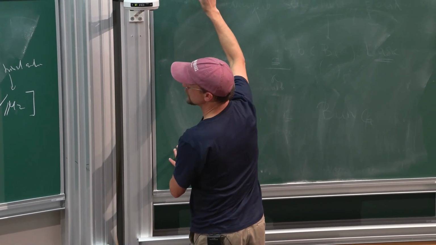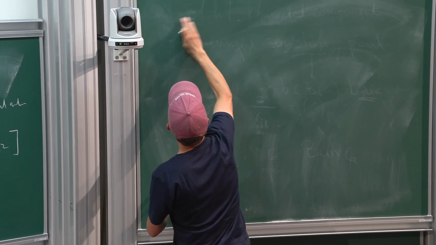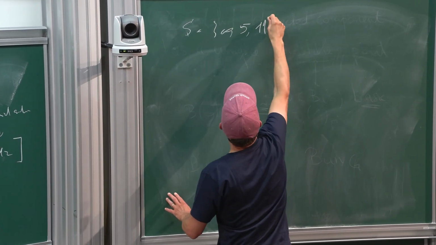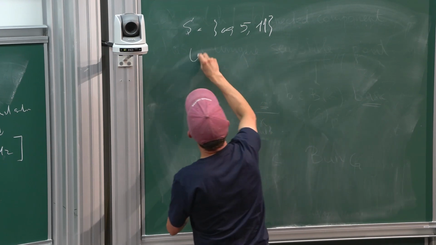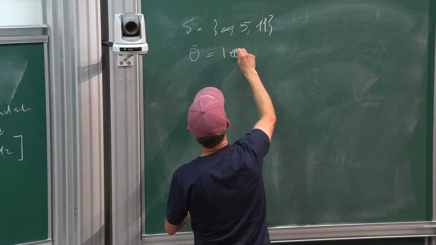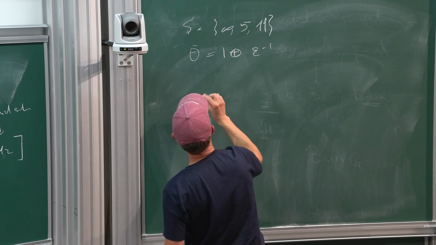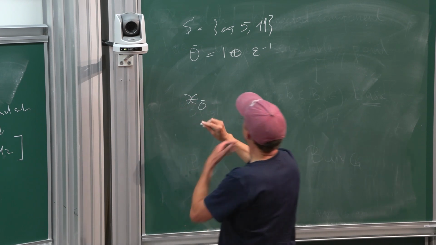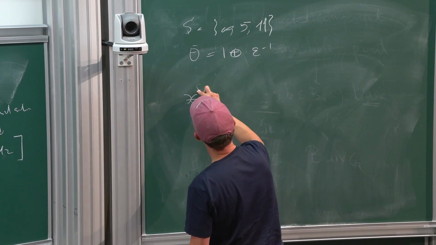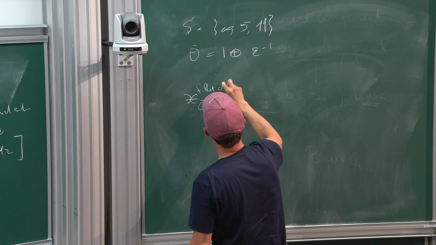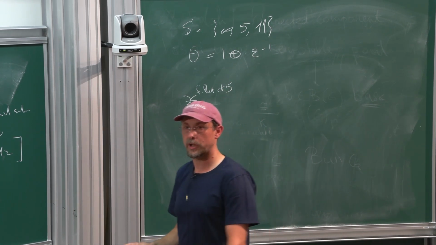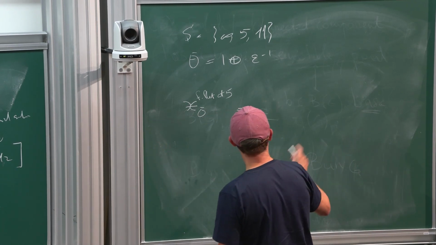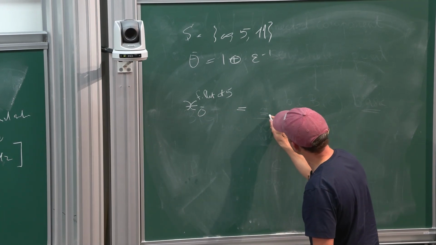If I were to do the example I said where S is infinity, 5, and 11, and theta equals 1 plus inverse cyclotomic, and I look at X theta, and I want to put in one more condition, the condition of being finite flat at 5, which is one more condition on the representations I want to impose, then this thing here would look like the following picture.